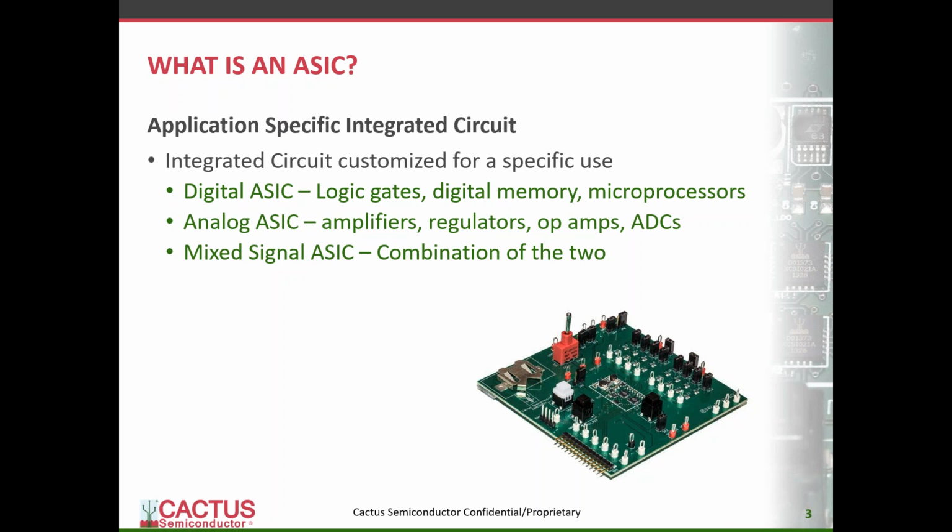An analog ASIC consists of such circuits as amplifiers, voltage regulators, current regulators, op-amps, data converters such as analog to digital converters or digital to analog converters, etc. And then finally the last category is mixed signal ASICs, which is what most of the ASICs are today. This is really a combination of the digital and the analog.